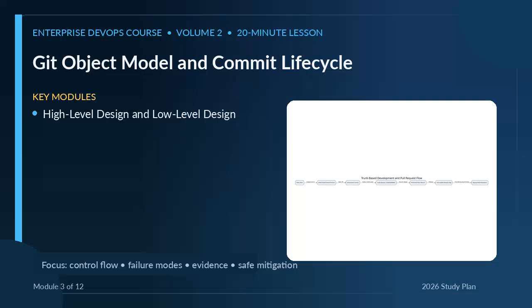Git object model and commit lifecycle. The module on high-level design and low-level design establishes the following ideas. Define system boundaries, trust zones, users, external dependencies, traffic paths, and document critical non-functional requirements: recovery time objective, recovery point objective, concurrency, retention.